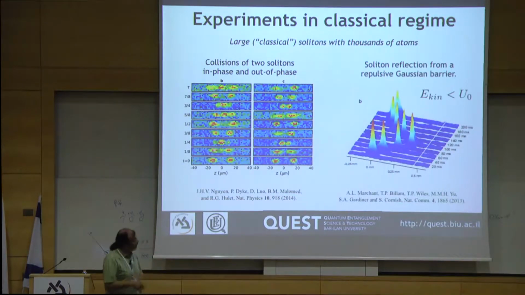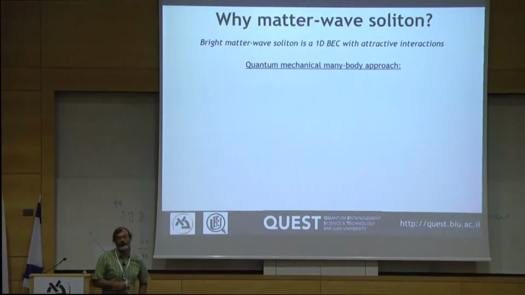Okay, but this is not what I'm trying to look for in this project. What we are trying to look at in this project is really the limit where the quantum mechanical approach becomes significant. In this story, we have to go to a many-body approach and solve a different problem.